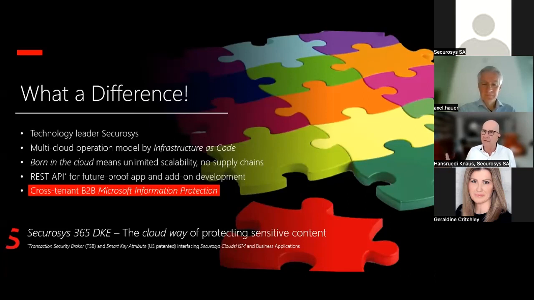That makes a lot of sense, let's say, for mergers and acquisitions. So you can have a secret community between your lawyers and the merging firms or entities, and everything is double encrypted. So that's the cloud way of protecting sensitive content.